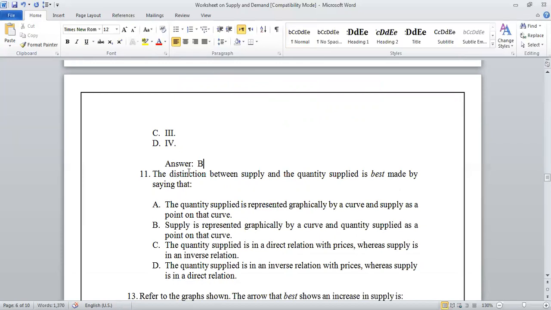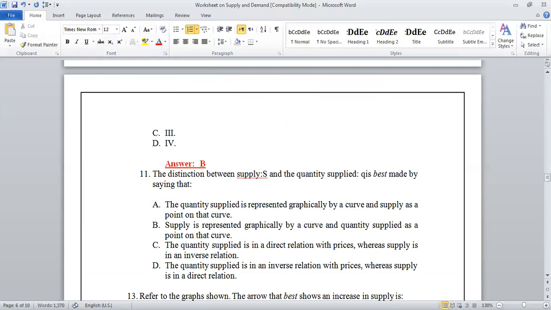The distinction between supply and quantity supplied. Supply is the curve, represented by S. The quantity supplied are the points on your curve.